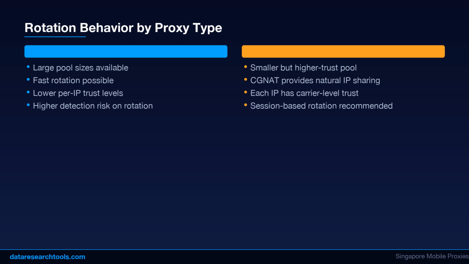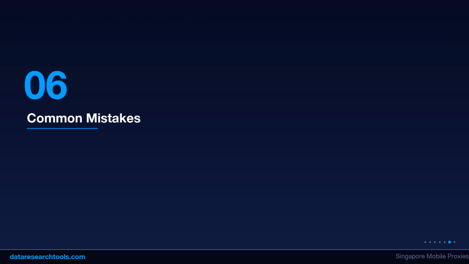Even for scraping, some targets track session state using cookies and session tokens. If you rotate mid-session on these targets, you get flagged, not because of the IP change itself, but because the session token now doesn't match the IP it was issued to. Ignoring IP pool quality. Rotation across a low-quality pool of previously flagged or heavily shared IPs doesn't solve the detection problem, it multiplies it.